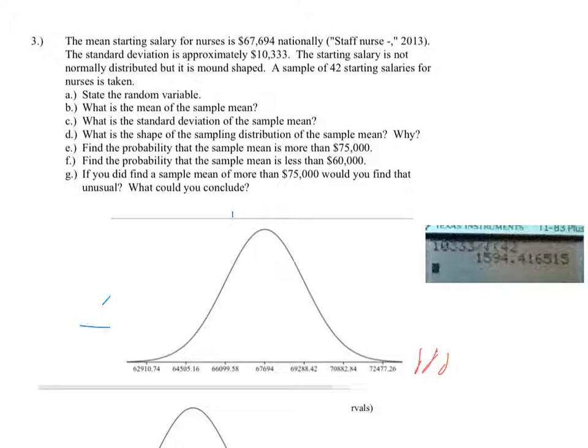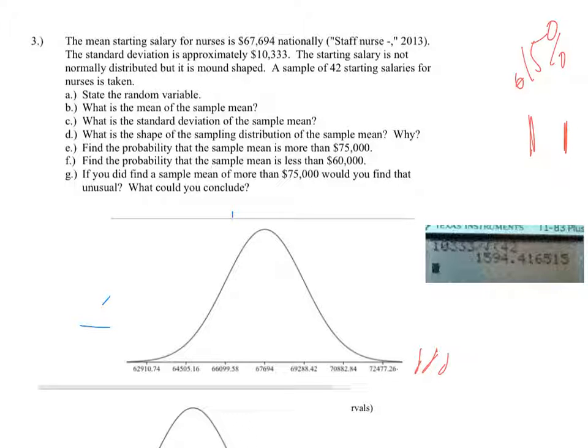If you think about the empirical rule, there's only about 0.15% beyond 3 standard deviations above the mean. So the applet is telling us 0, because there's practically zero chance that I'm going to get a sample of 42 nurses with that high of an average.